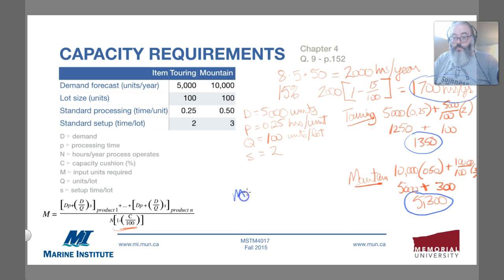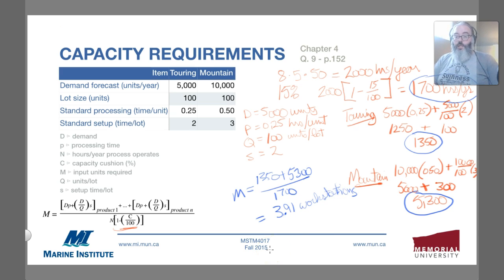So that's M equals 1,350 plus 5,300 over 1,700, and that gives us 3.91 machines, or workstations in this case, for assembly.